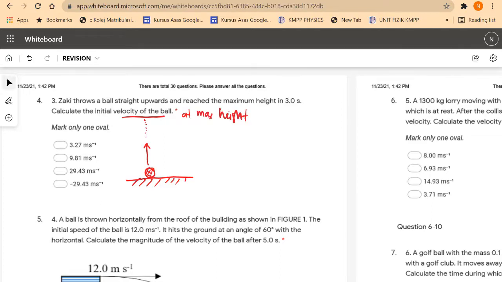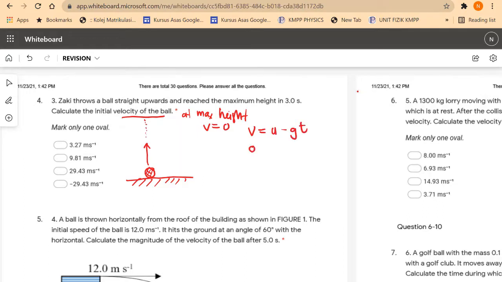So, the concept for maximum height: at maximum height, V is 0. V at component Y is 0, because this is free fall. The only component in this motion is the Y component, so you can just write V equals 0. So you can use the equation for free fall: V equals U minus GT.